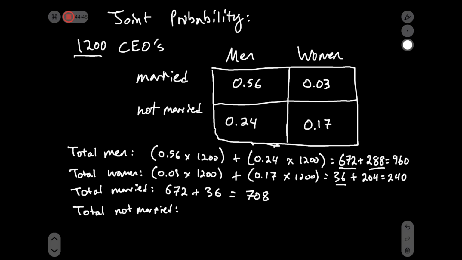So 288 plus 204 gives us 492. So you should be able to add this number and this number together and get 1,200, and we do. So we've done everything correctly so far.